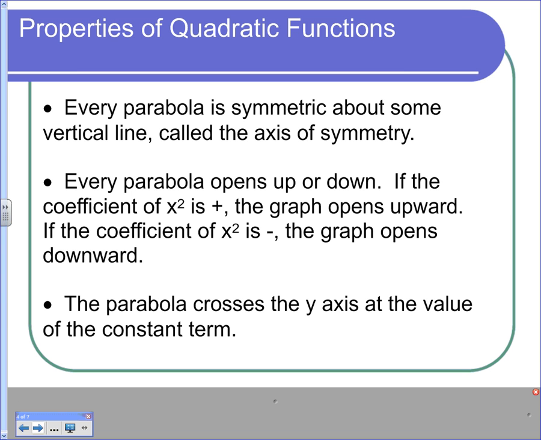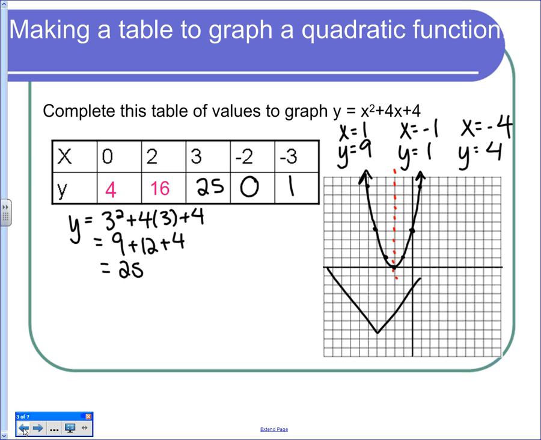Okay, the parabola crosses the y-axis at the value of its constant term. What does a constant mean? A number. Let me go back. I'll come back to this in just a sec. What is our constant on this equation? A 4. And where does it cross the y-axis? At 4. Does that make sense?